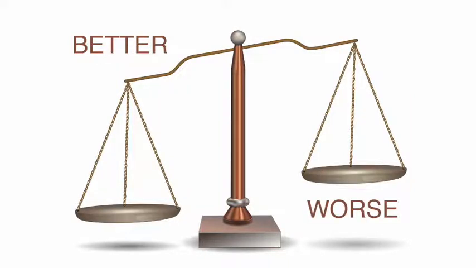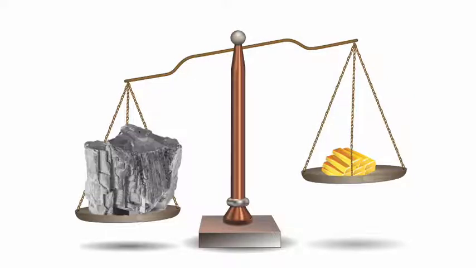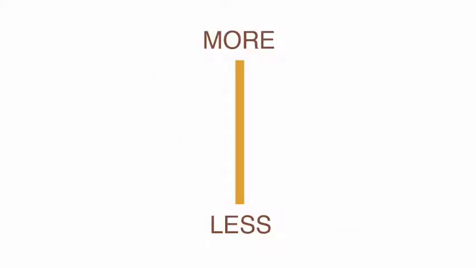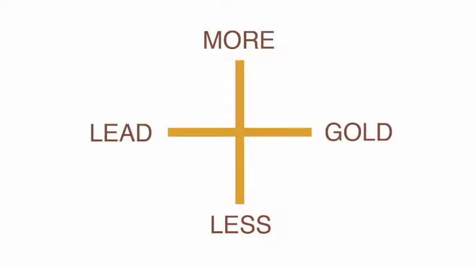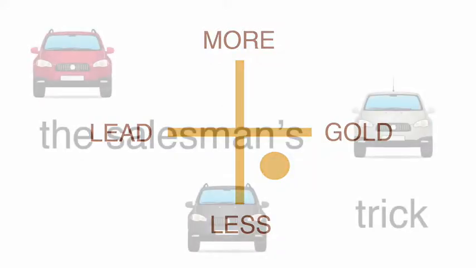But what if you had gold that weighs less than a hunk of lead? Would you really want to have more lead than gold? Here again, we need to go further in our thinking. We need to take the distinction of more and less and cross it with a distinction of lead and gold. Most people would rather have less gold than more lead.